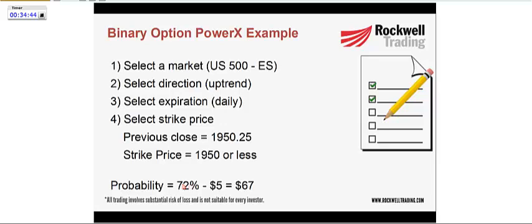So I would want to buy the option for $67. And that will account for those additional fees and just give me a little more wiggle room. So even though the probability that the market might close above that strike is 72% in this example, I would want to pay $67 or less to take the trade.